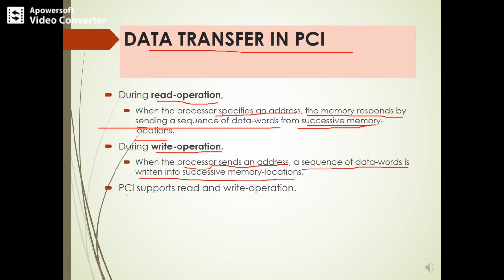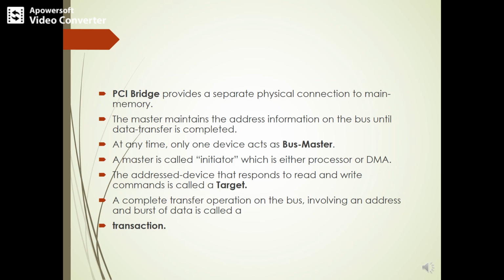So PCI supports both read as well as write operations. In the PCI concept, we are having one bridge called the PCI bridge. The PCI bridge provides a separate physical connection to the main memory.